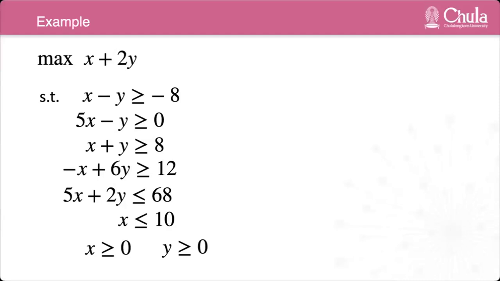The third one, you need an extra variable, and you have to subtract a slack variable. What about the fourth one? Again, the same. You need extra variables and subtract a slack variable. This one you have to introduce a slack variable, and the last one you have to introduce one slack variable.